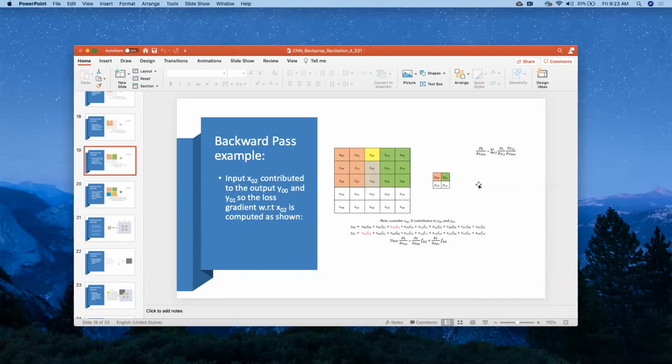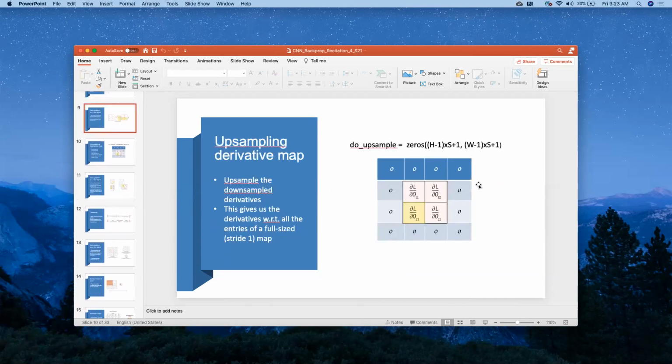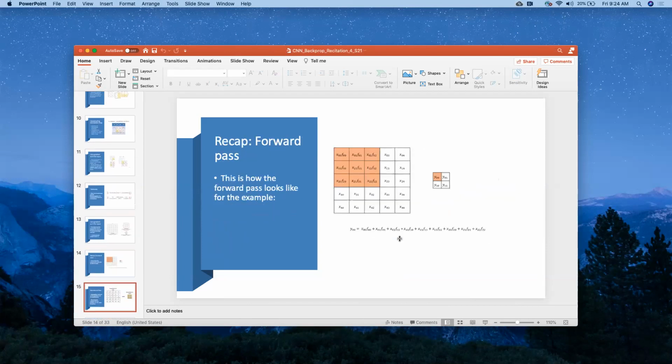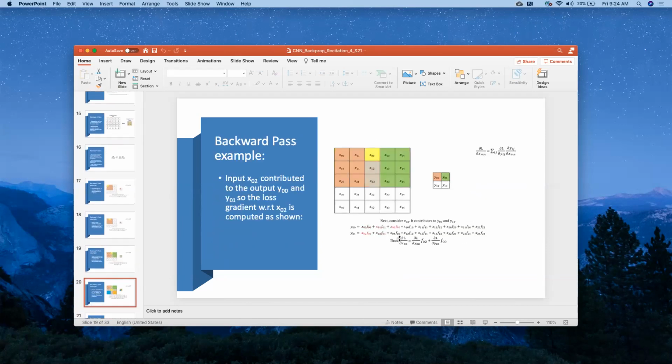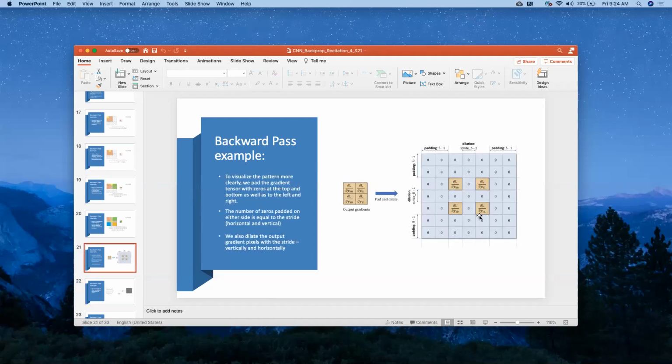Just like we know how large our upsampled map will be in the case of the output gradients when we have to pad zeros around it, in the case of dilation you would also know the size of the upsampled dilated feature map before padding the zeros.